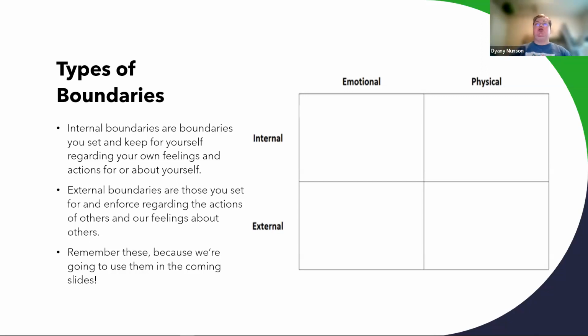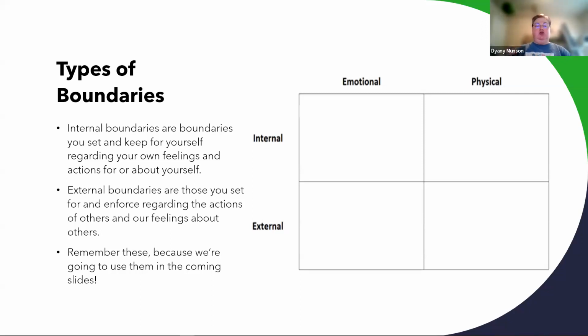So an internal emotional boundary, for instance, might include, I'm not going to beat myself up if I fail when I'm new at something I'm trying to add to my toolbox, whether it's a skill for work or a hobby. I'm going to give myself grace when I try something new and not beat myself up. And that produces emotional wellness that way.